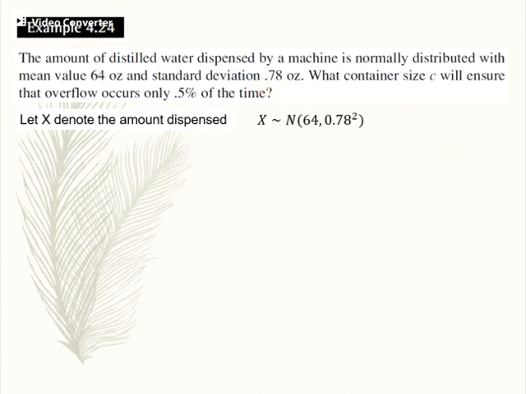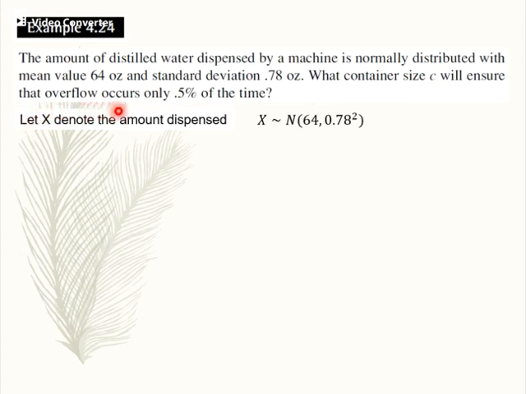So now the question is saying what container size will ensure that overflow only occurs 0.05% of the time. Okay, we said X denotes the amount dispensed. So you've got this machine that is pouring liquid into a container. Let's focus on this overflow term.